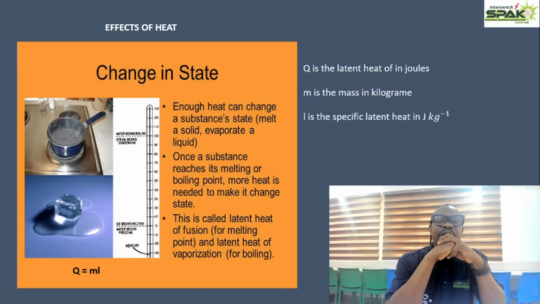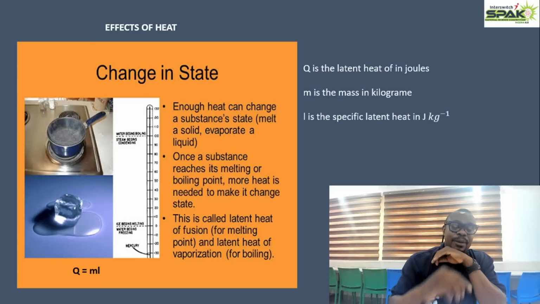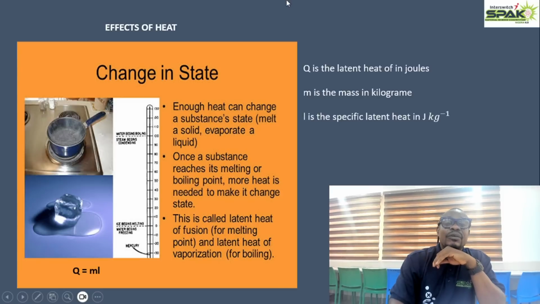So we have Q. Q is given as the latent heat, and the unit of latent heat is in joules. We have M. M is the mass of the body, in kilogram. Then L is the specific latent heat in joules per kilogram.